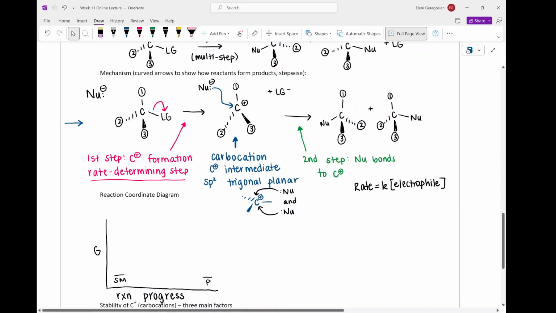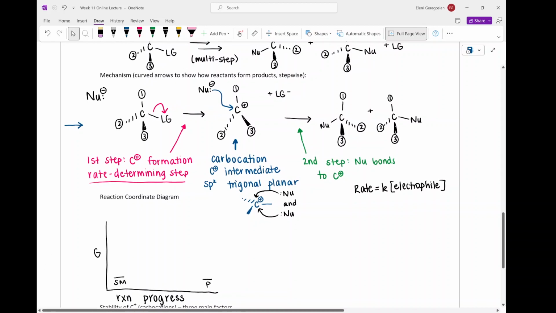Okay, so filling in the reaction coordinate diagram, we know that the first step is the rate determining step. So that means on the reaction coordinate diagram, that step must have the highest energy transition state, higher activation energy. So if I say that is the transition state energy for the first step, that forms an intermediate.